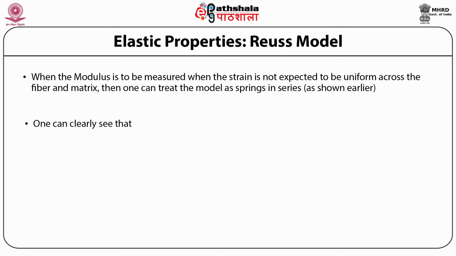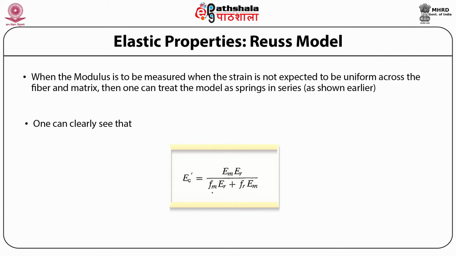So one can clearly see that EC prime is equal to EM ER divided by FM ER plus FR EM. This model is appropriate when the stress is being applied perpendicular to the direction of the orientation of fibers.